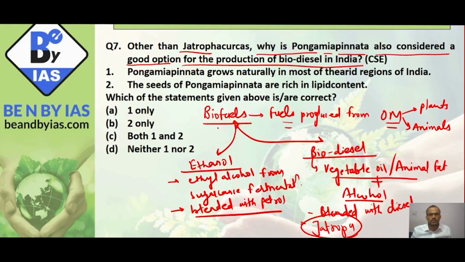Now let us discuss the question. So what does the question say? First statement is Pongamia pinnata grows naturally in most of the arid regions of India. Fine. So this Pongamia pinnata is a leguminous tree, and it has the potential to grow even on marginal lands.